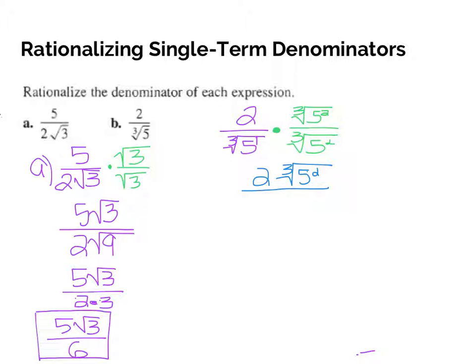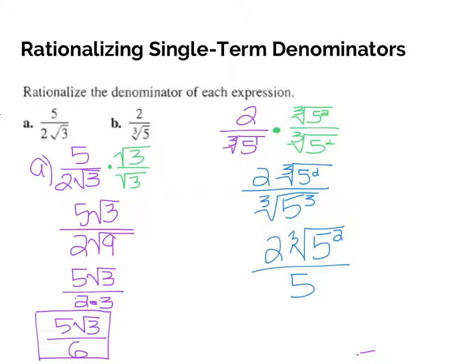Over the cubed root of 5 times 5 squared, which is 5 to the 3rd power. But if you remember, when we have a cube and a cube root, those cancel. So this is all over just 5.